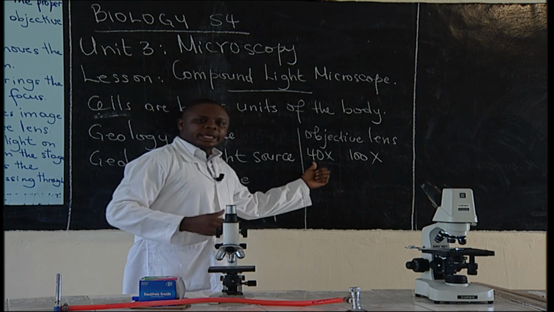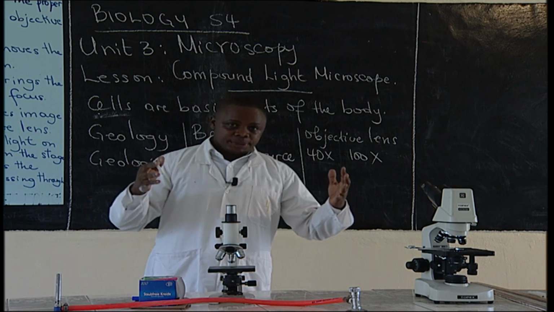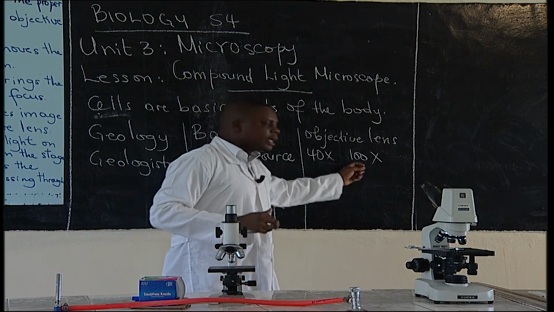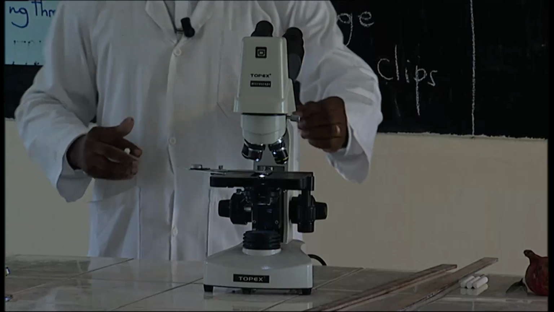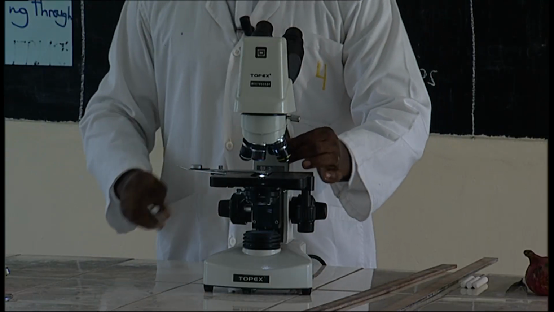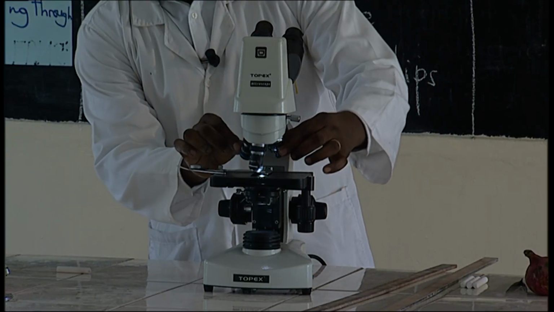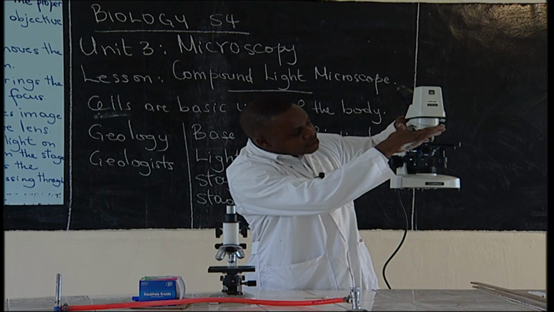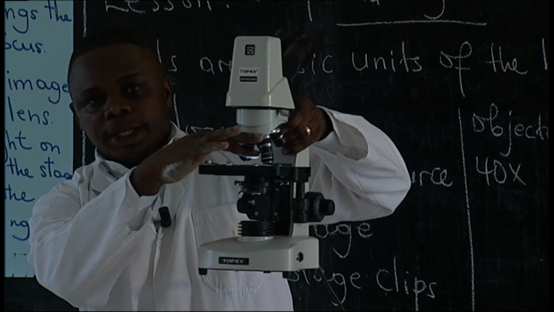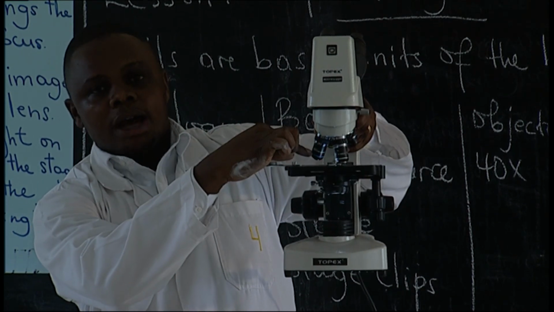This one can make it 40 times bigger, and this one can make it 100 times bigger. So these are objective lens. And those numbers are written there. Like you see here, we have 100, and here we have 40.